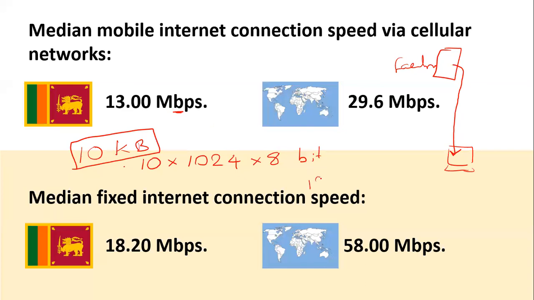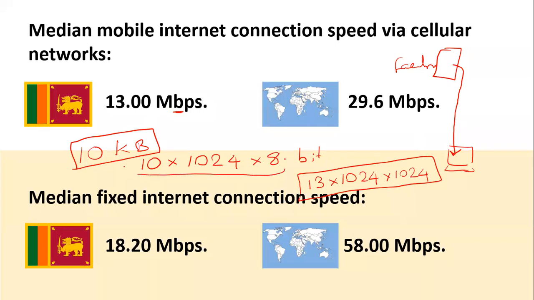Megabits means 13 into 1024 kilobits, another 1024 means megabits. So for a second, I can download this much capacity, right? For a second. In my image, I have only this capacity.